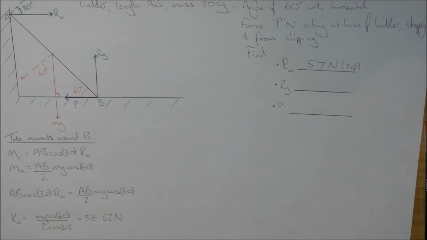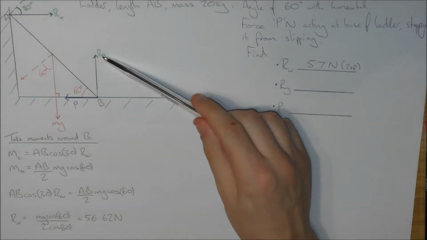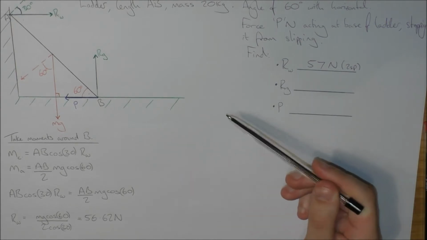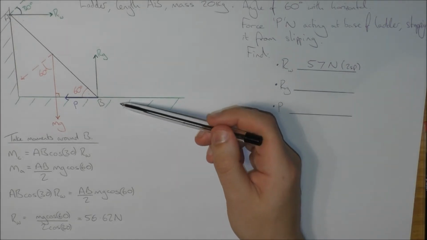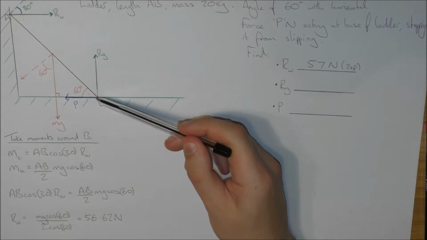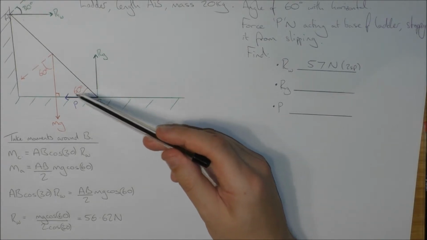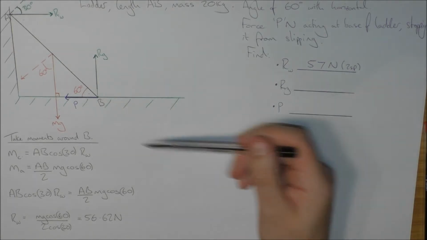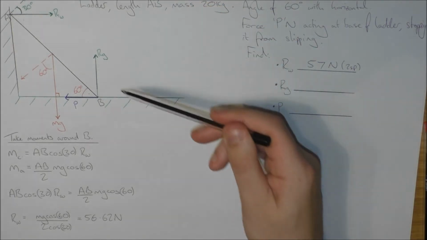Okay. Now, next thing I'm going to do is find Rg. Now, this is actually far easier than it looks. Because again, this body is in equilibrium, the vertical forces must balance. It's not falling through the floor and it's not taking off the ground.